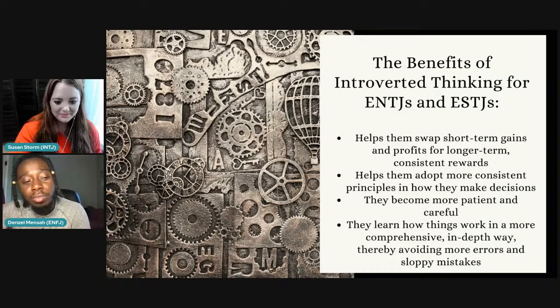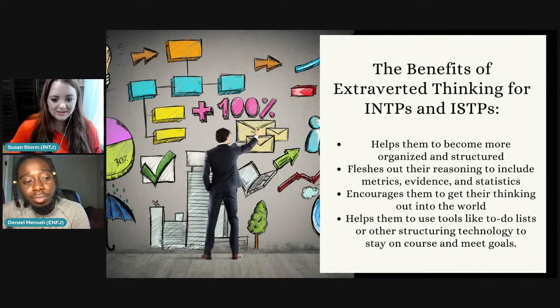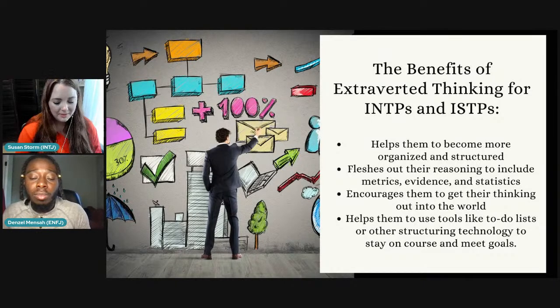Thank you, Denzel. All right, so let's move on to our last one. This is extroverted thinking for INTPs and ISTPs. So opposite problem. INTPs and ISTPs can be very focused on wanting to understand how things work in a very in-depth way, how the system works, how the system runs.